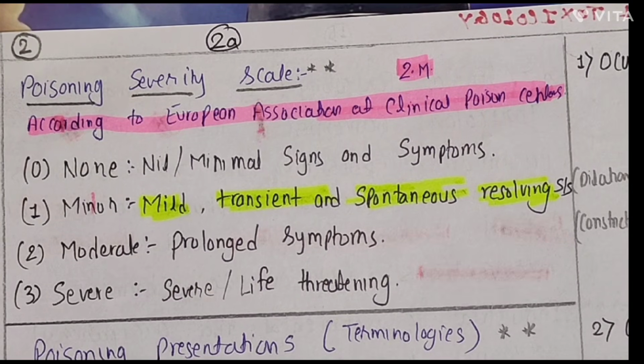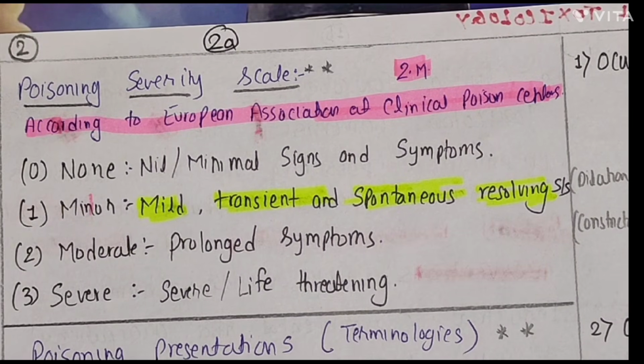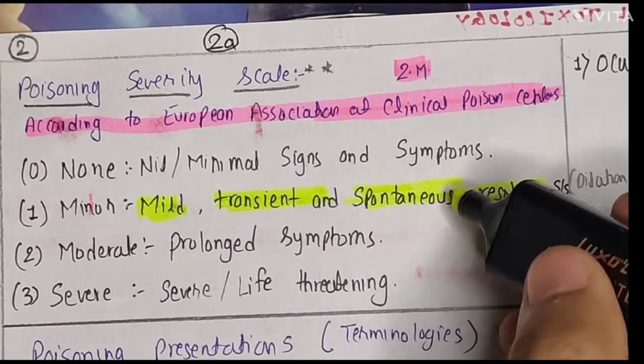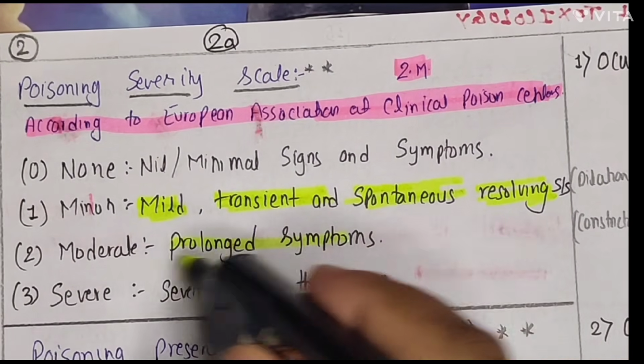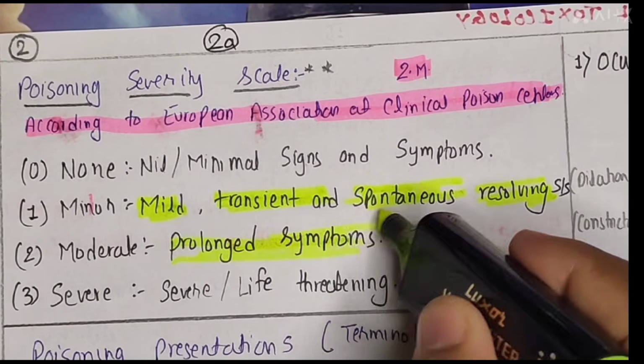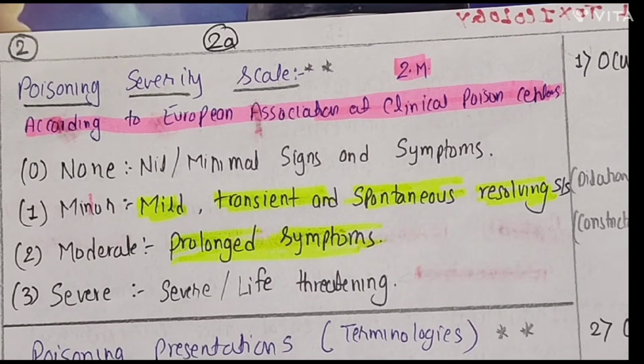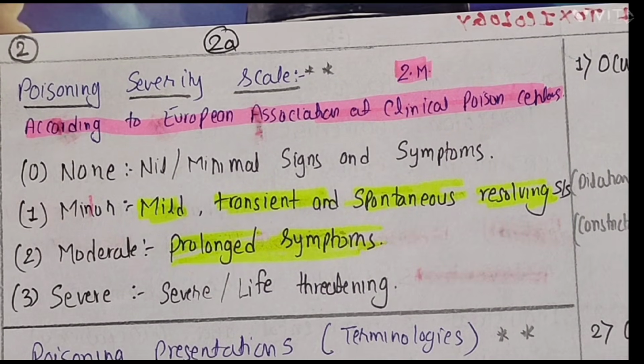Such a condition is known as minor severity. Then similarly, our 2 rating, that is moderate, means these symptoms will come and will persist. They will not resolve spontaneously or transiently, then we will call it moderate severity.